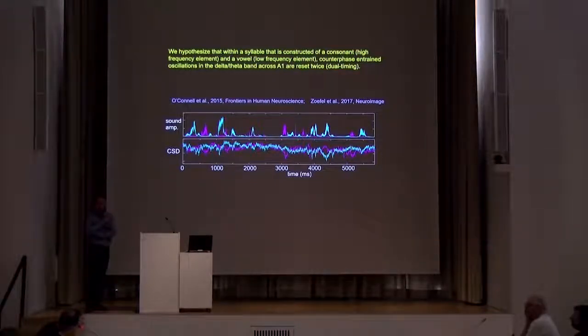So why should you prepare for the uninformative part of the syllable? The consonant space is much more variable. Yeah, but what I'm saying is it's vice versa: the vowel prepares you for the upcoming consonant. Okay, that makes more sense to me. Thanks. Do we have more questions?